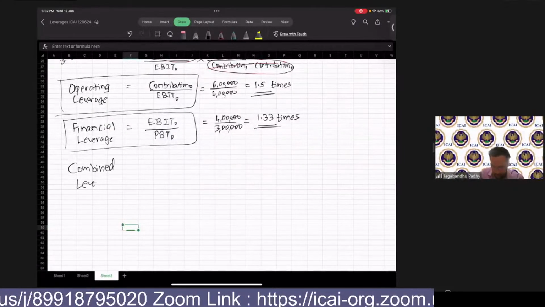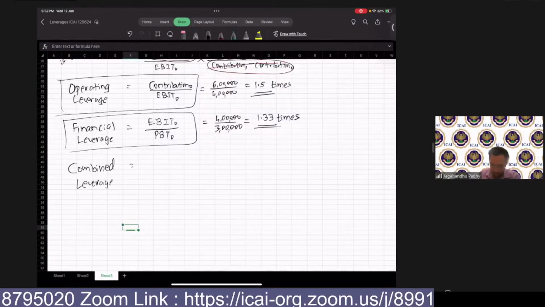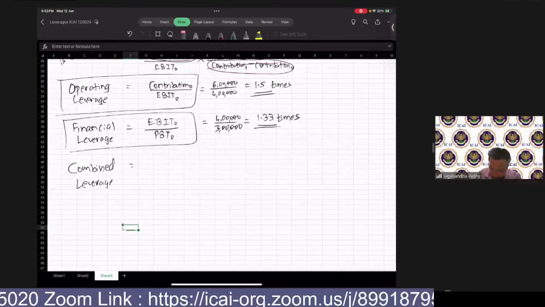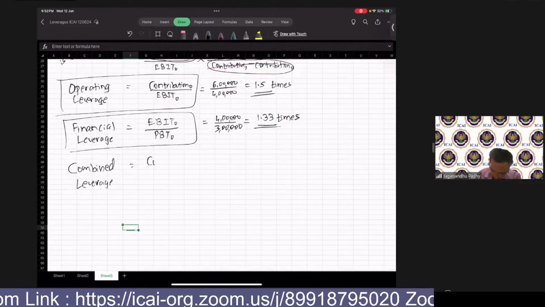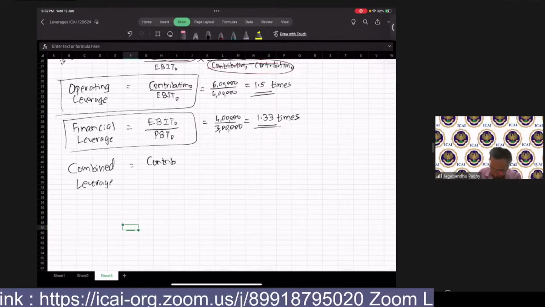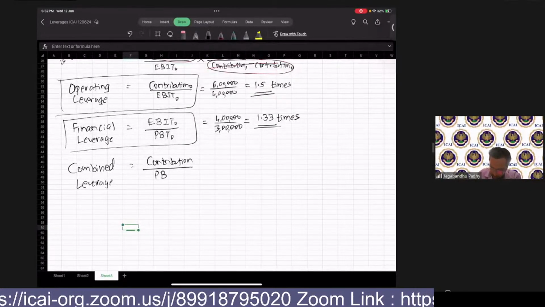Then we have another formula for combined leverage also. We have seen the longer method to calculate it, but for combined leverage also we have a shortcut formula, which is contribution upon profit before tax.